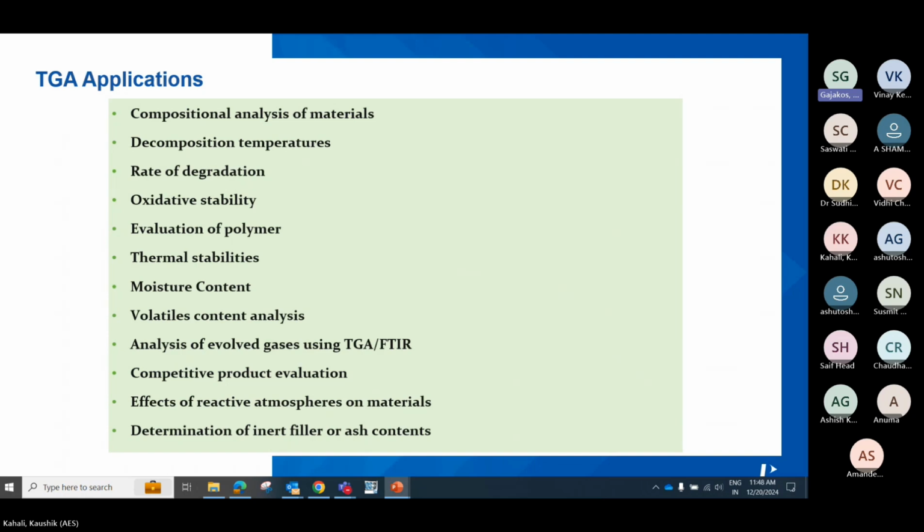Then competitive product evaluation, effect of reactive atmospheres on the material, and the determination of inert filler or the ash content. This kind of information you can always expect from TGA applications. Next slide.